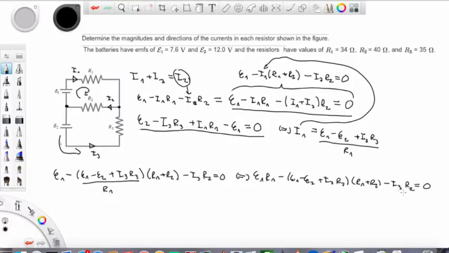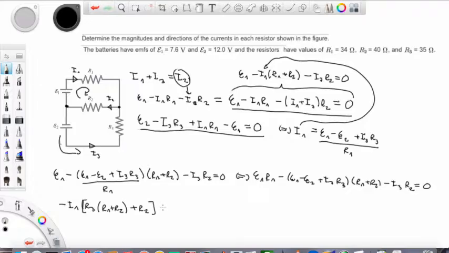So we get negative I3 R3, so we get R3 from here, and it's multiplying this term as well, R1 plus R2, and then we have negative I3 times R2, so plus R2, and then the rest.